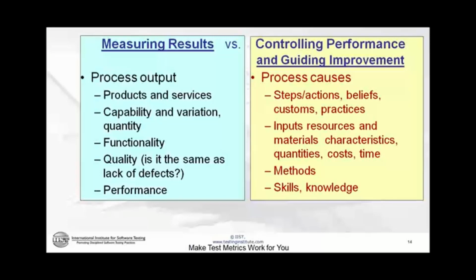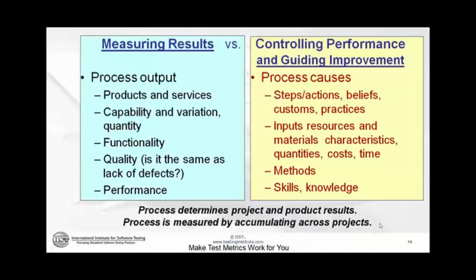Maybe we need to get a running back who's a little stronger or faster, or maybe knows how to spot a better hole, things like that. So we need both the results and the causes of the results. And when we look at the results and the causes of the results, then we're able to see the patterns emerge, which are our real processes.